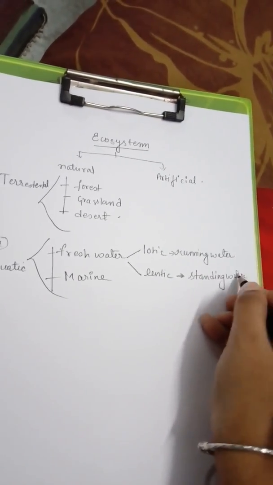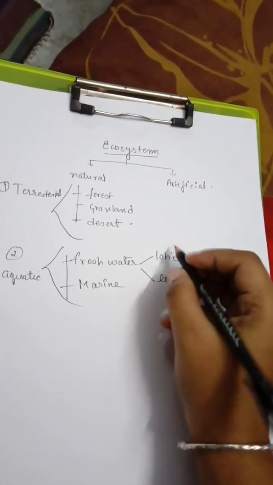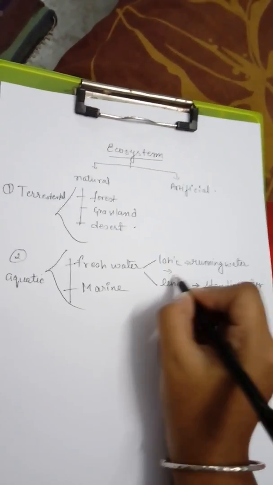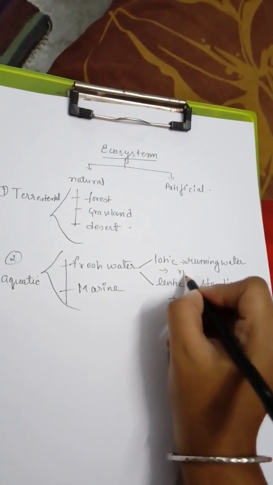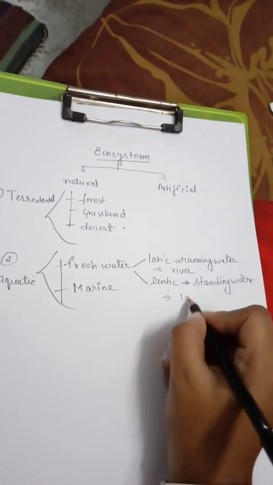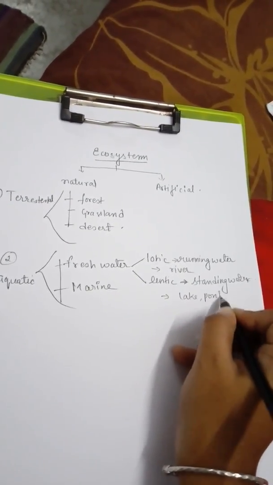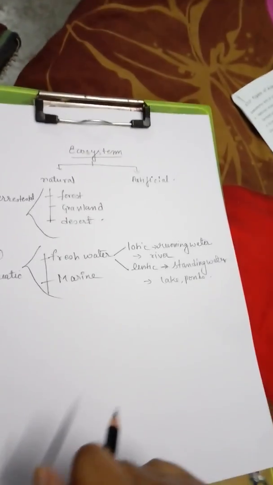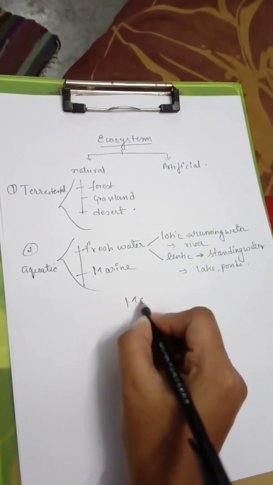Examples: for running water, river is the best example, and for standing water, lakes and ponds. All right. Now we will study the marine ecosystem.